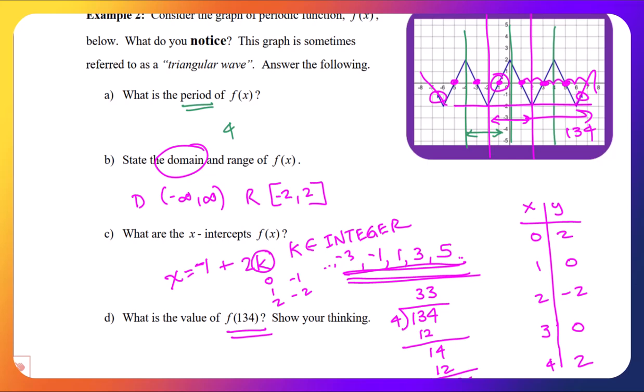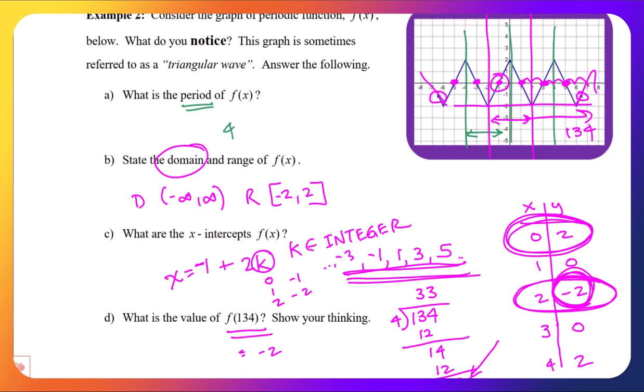Remainder 2. If we had come up with a remainder of 0, wouldn't that mean that I would end at the same place I started? But with a remainder of 2, doesn't that mean that I'm going to end 2 from where I started? And so the answer is negative 2.